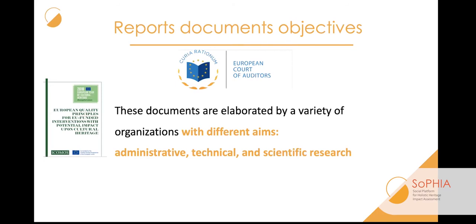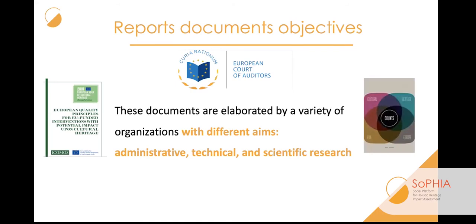Then there is also another important document, which is scientific research, and I think everybody knows Cultural Heritage Counts for Europe, which was drafted and published in 2015. It was the first document, which Erminia Sciacchitano also mentioned in her presentation, that focused on impact. It was the first document recognized also at the European policy level, because impact analysis was highlighted.